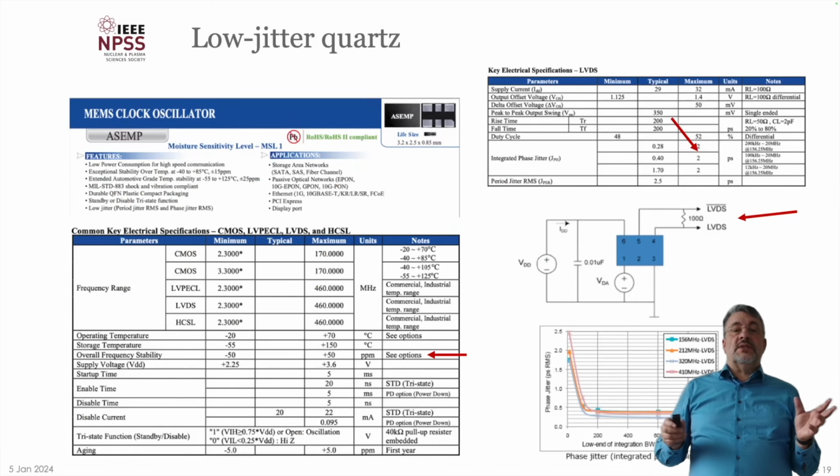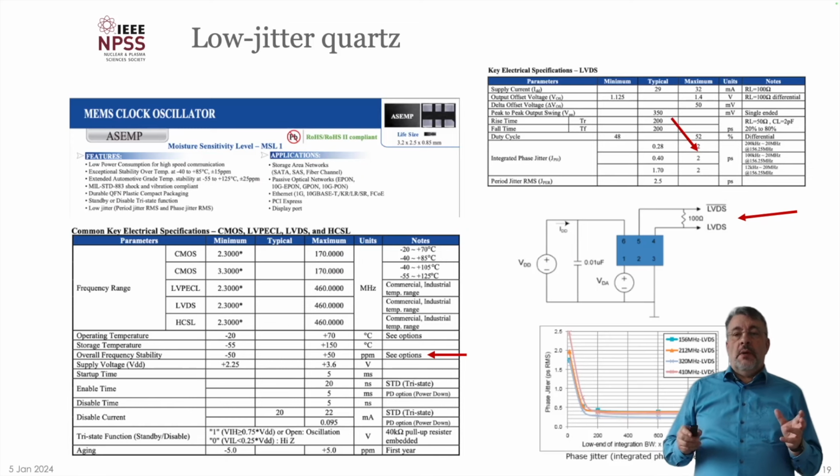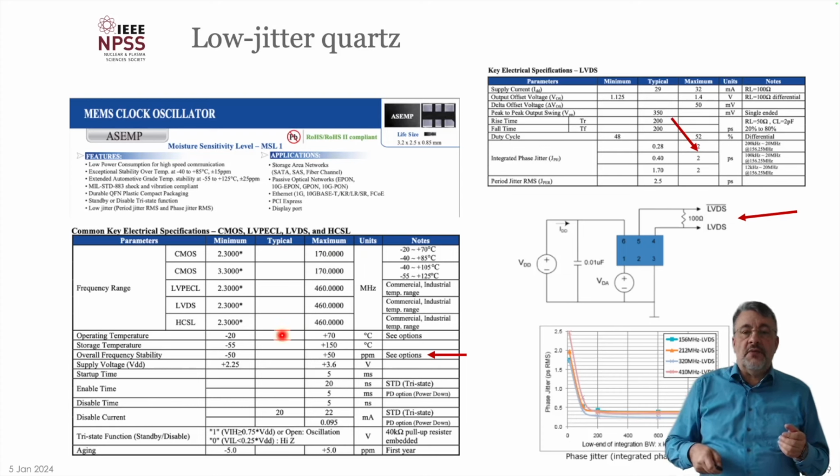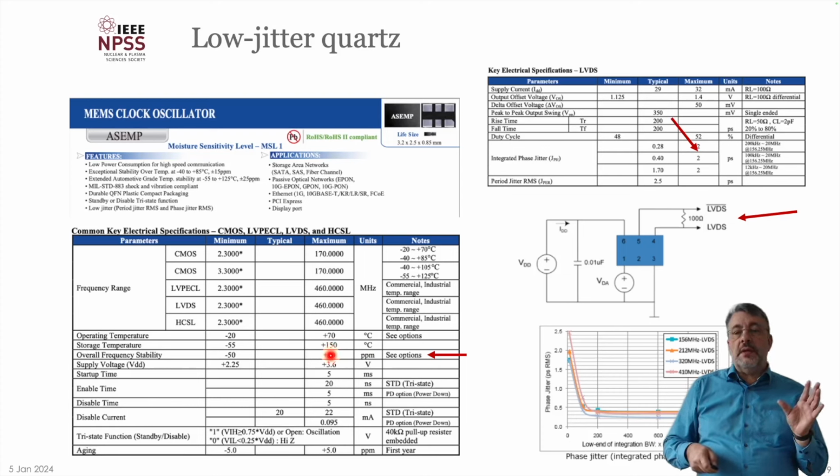So everything starts with a low jitter quartz. But this is not a fancy quartz, it's just an out-of-the-box quartz, which has an accuracy, if you can read it, of about 50 ppm. And this is this 10 to the minus 4 accuracy which I told you is necessary for this kind of measurement.